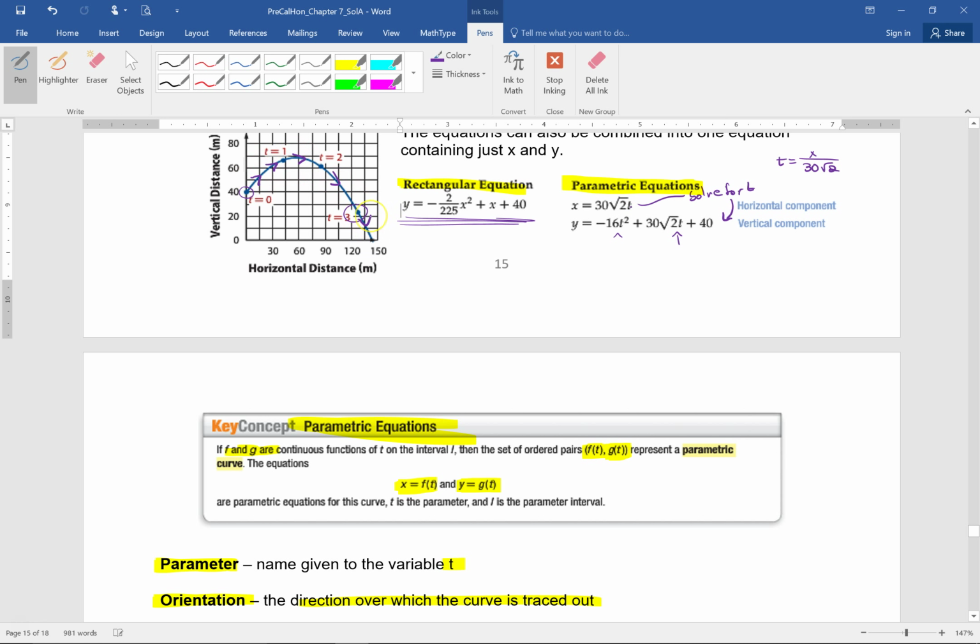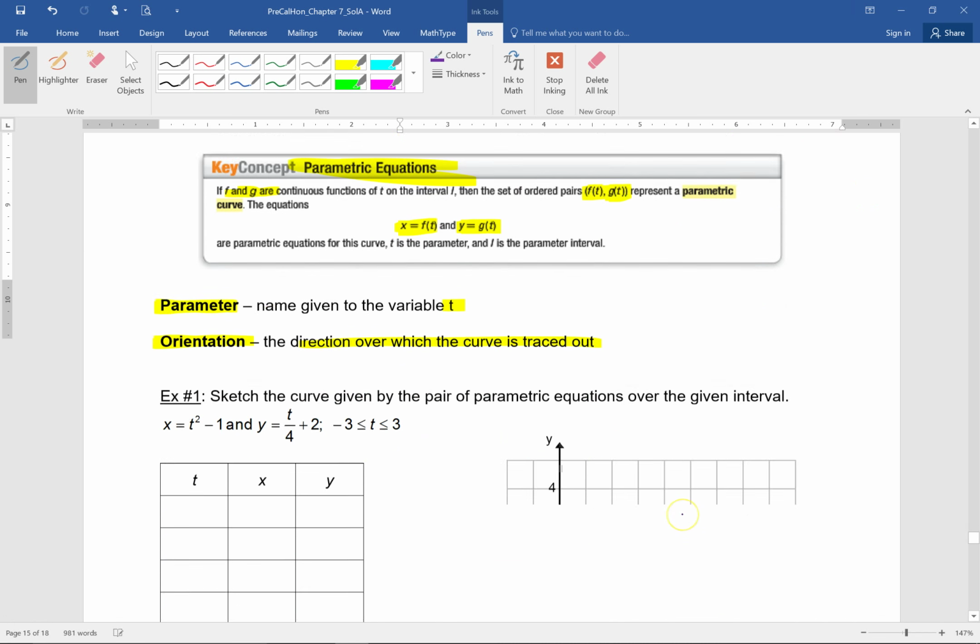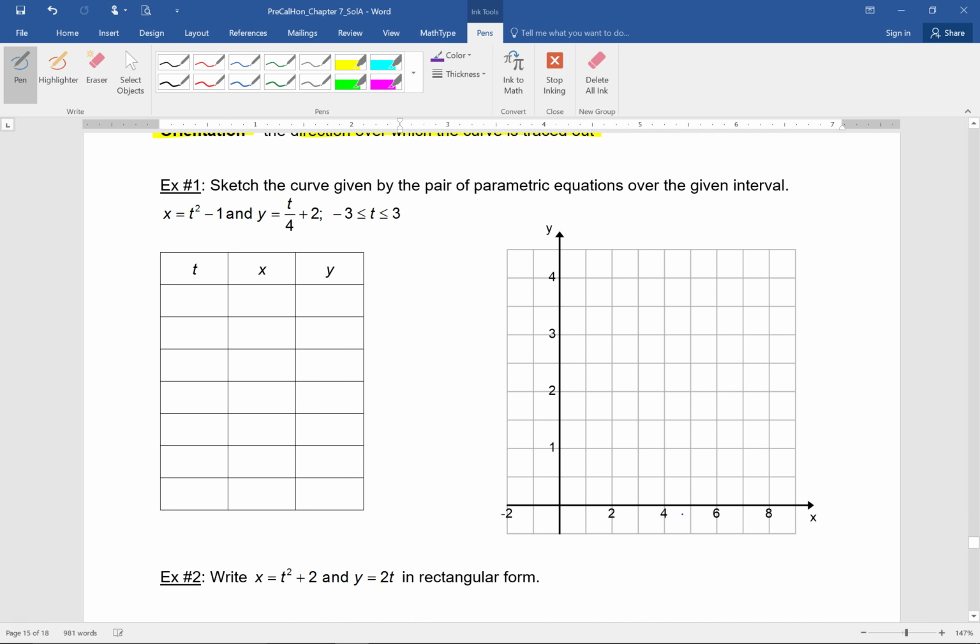Most of the time, we put arrows which show you which way the curve goes, and that follows the time. When t equals 0, you're here, t equals 1, t equals 2. Sometimes you get these loops, which may go clockwise or counterclockwise, and it's important for us to know the orientation. All right, let's move on to a real-life example.